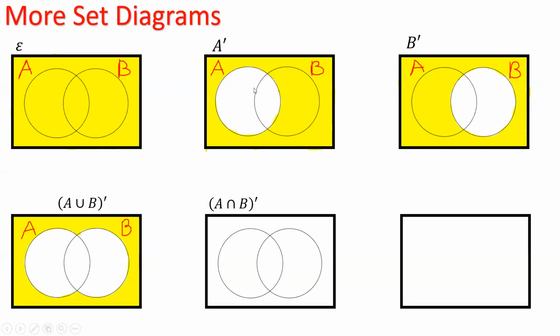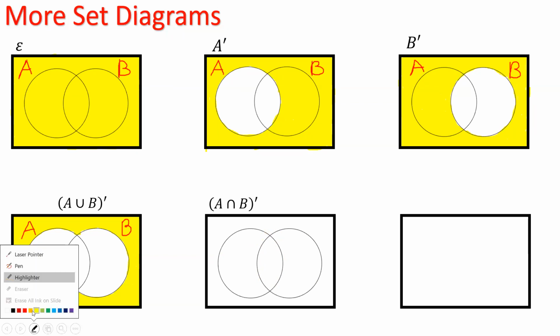Why y'all so quiet? It's everything besides the middle part. Everything besides the middle part? Yes, sir. All right. Why? Because the intersection is the common element. Exactly. Y'all got it. Everything except the middle part.